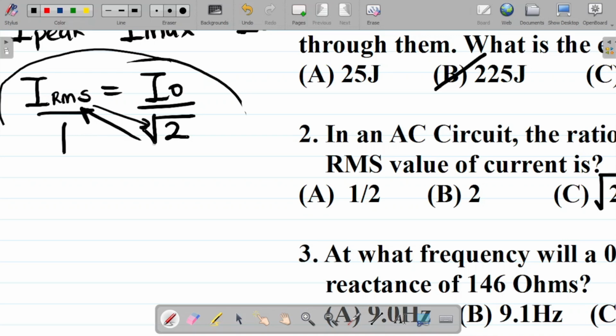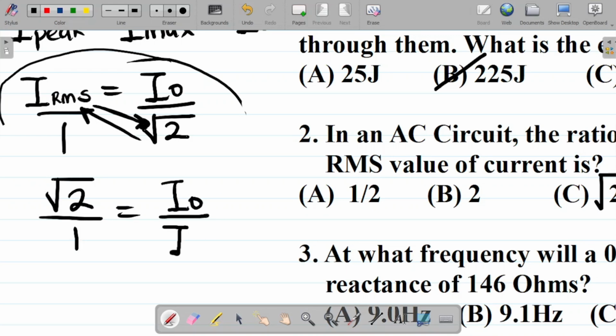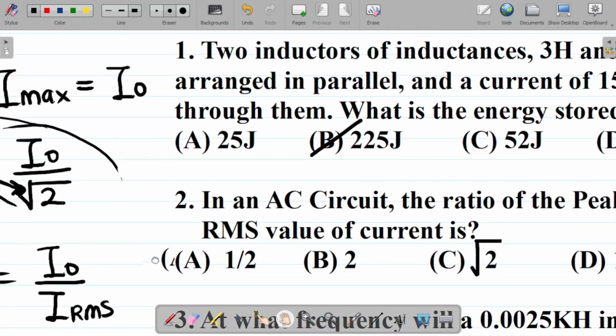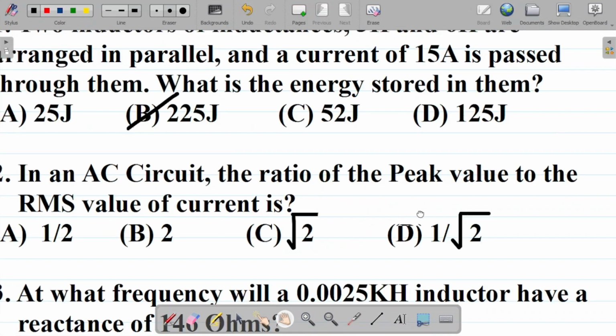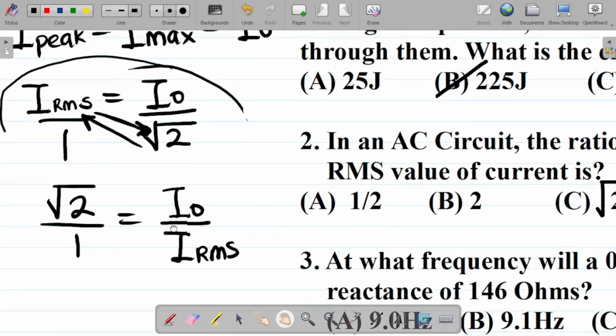In essence, root 2 goes upwards. I'm having root 2 all over 1 is equal to I naught, that's my peak value of the current, all over IRMS, which comes downward this way. So it becomes IRMS. Compare this to your question. They said the ratio of the peak value, that's peak as numerator, to the RMS, that's RMS as denominator.